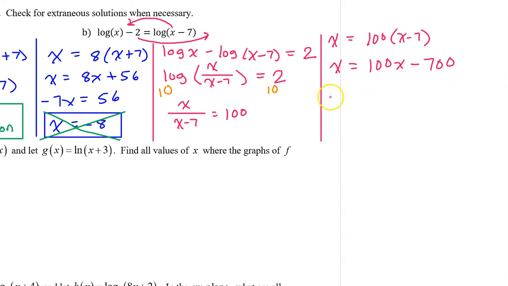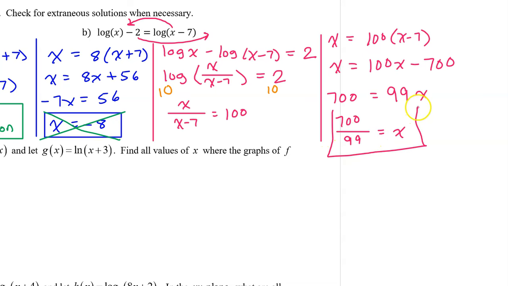So we will now have 700 over on the left because we added 700 to both sides. Subtracting x from both sides will leave us with 99x. Dividing both sides by 99, we have 700 over 99 is equal to x. As long as this is not extraneous, this is going to be the answer.